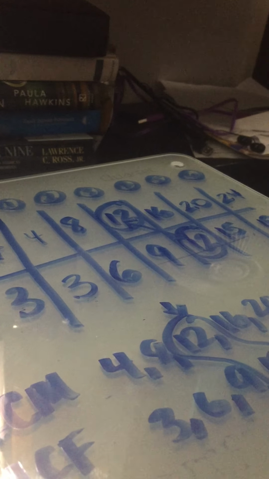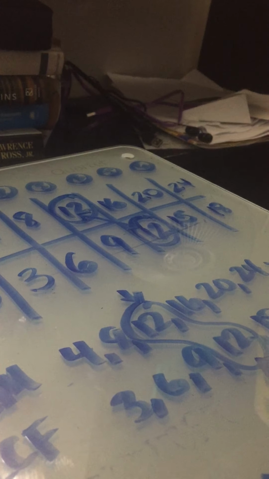Okay? So the answer is 12. 12 movies. And that's how you do number 4. It's not complicated. You just had to take the time to think about what it was asking you.